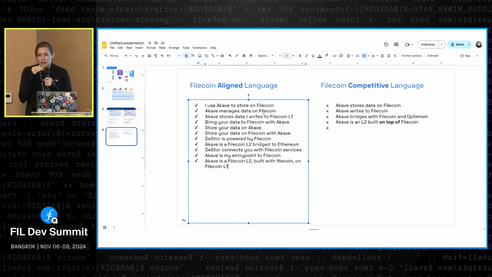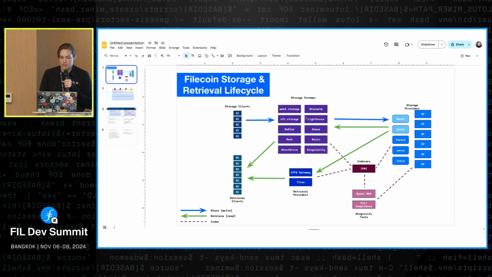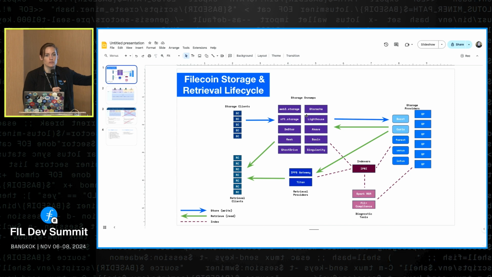And again, I don't want us to over-focus on just the L2s. We should also be talking about applications and services and all of these other on-ramps, a lot of which are not L2s. And they also need to be using language like, I am a Filecoin on-ramp. I store data on Filecoin L1 or with Filecoin storage providers.